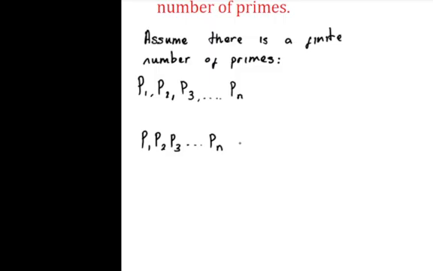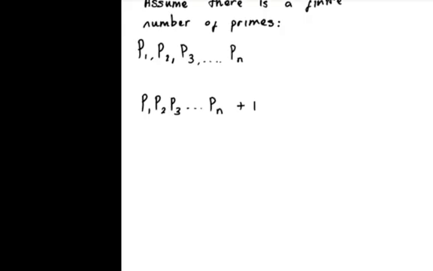And now let's assume that I add 1 to this number. So this now means, if you think about this logically, it cannot be divisible by any of the prime numbers that we've already listed, because the smallest prime number is 2. And if, say, we take a number that is a multiple of 7 and we add 1 to it, we know that that new number is not going to be divisible by 7.